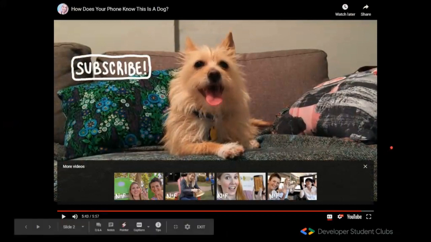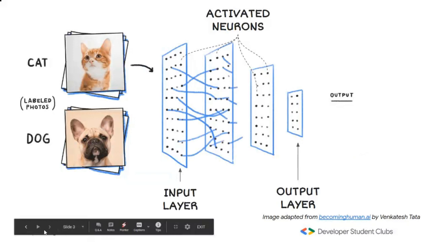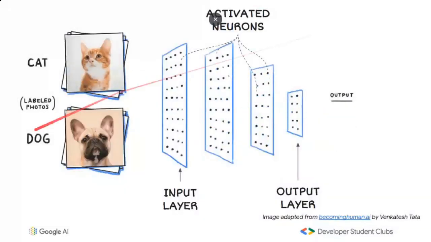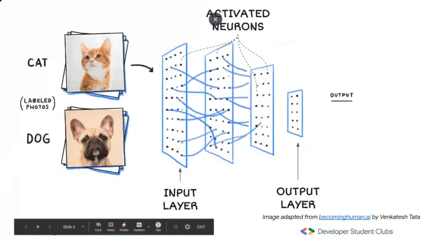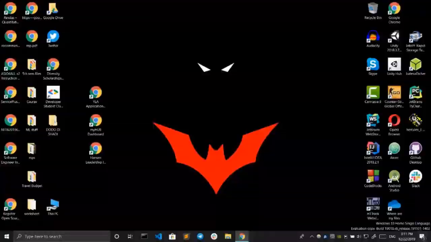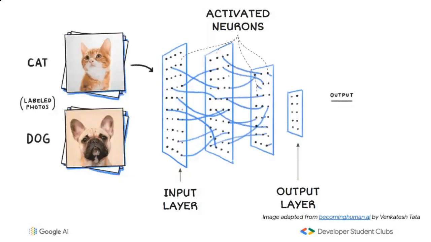So guys, I guess you got a real great overview of what a neural network is. Okay, so in this video, I've got a few questions that might help in getting some of the concepts clear.